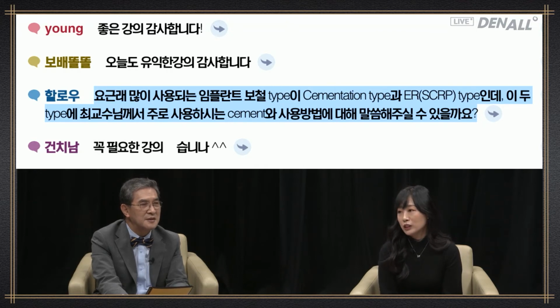In the posterior area, I normally use a SCRP or ER type abutment. I fabricate it. In the anterior area, I use cementation type prosthesis. In the posterior area, if the path is not very good or if the placement position is not very good, if ER type is impossible, I at times use cement type as well.